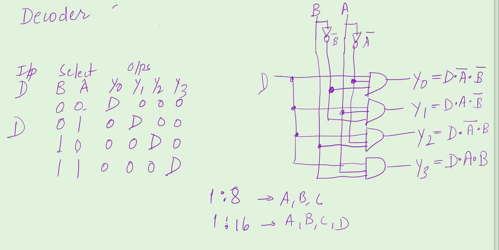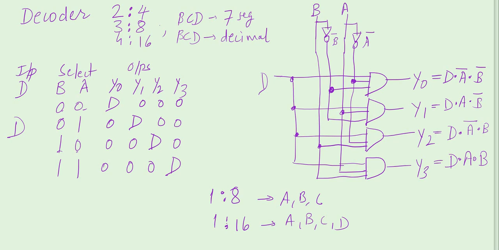So decoder can have 2 input lines, then it can find out the meaning for 4 outputs. 2 to 4 line decoder, or 3 to 8 line decoder, or 4 to 16 line decoder. It can also be BCD to 7 segment decoder, or BCD to decimal decoder. These are different types of decoders.